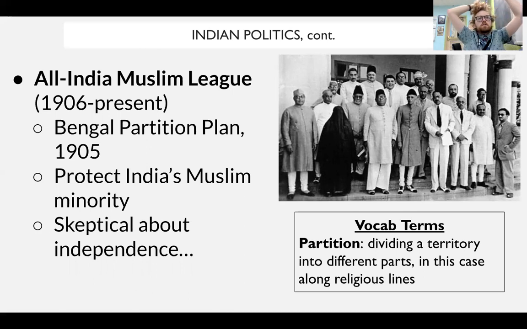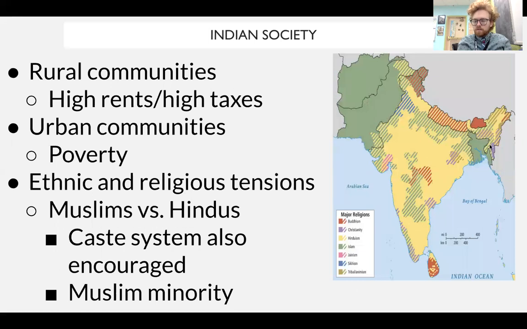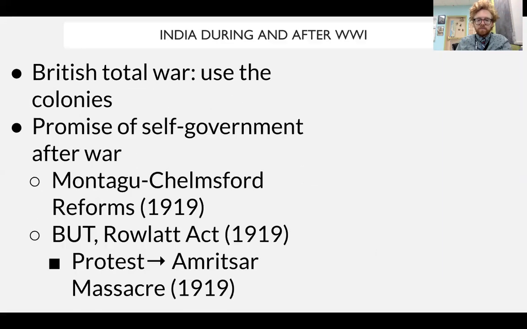And it all goes back to British policy, actually. In Bengal, and just to look at it one more time, this is the region of Bengal right here where my mouse is, this green area right here. In 1905, there's a plan by the British government to divide up Bengal between a Muslim-majority area and a Hindu-majority area.